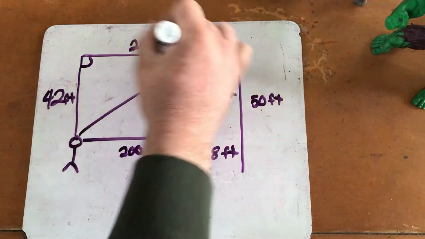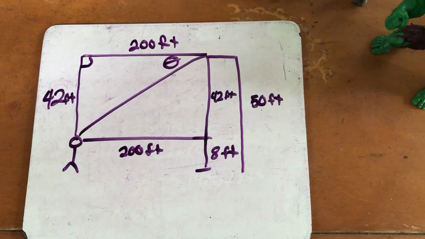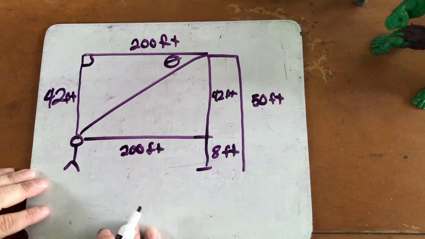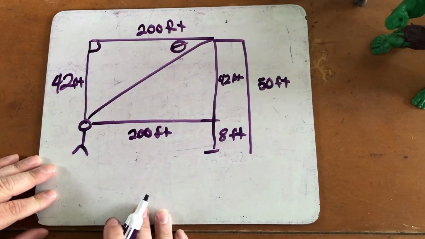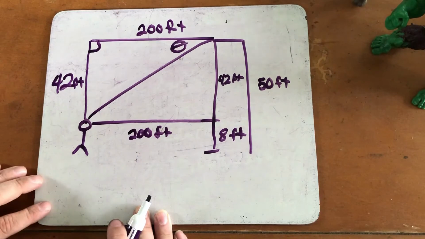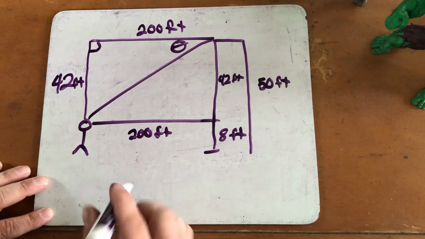So this is the angle I'm looking for. That is the angle of theta. Now in this case, I'm going to have to use inverse trig, which I have used before, to find out what theta is. So I need to use whichever trig function uses opposite and adjacent. That means I'm using tangent.